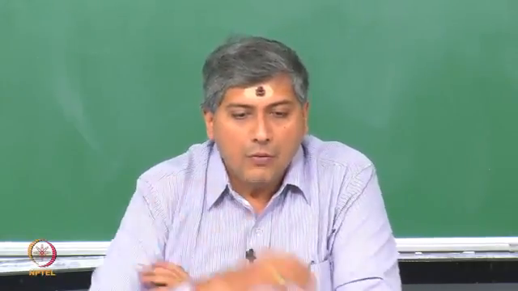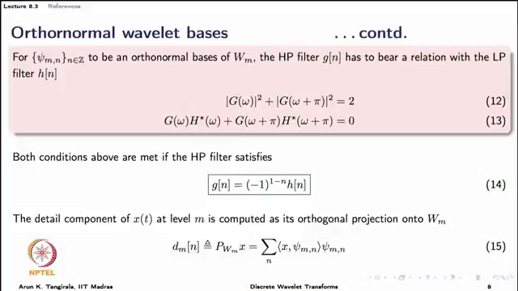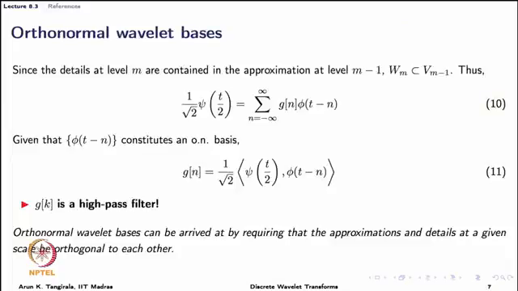So, we will just look at the orthonormality requirement. The high pass filter requirement is naturally satisfied the moment you express the wavelet function as a linear combination of scaling functions. We are more worried about orthonormality.